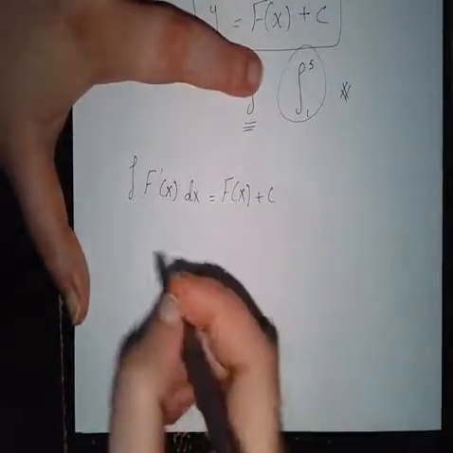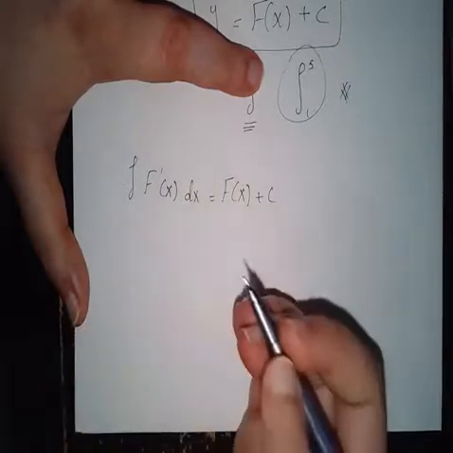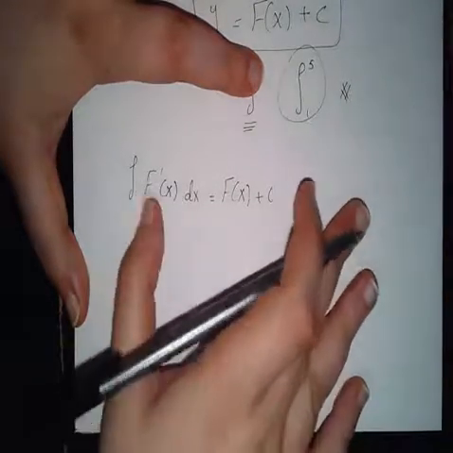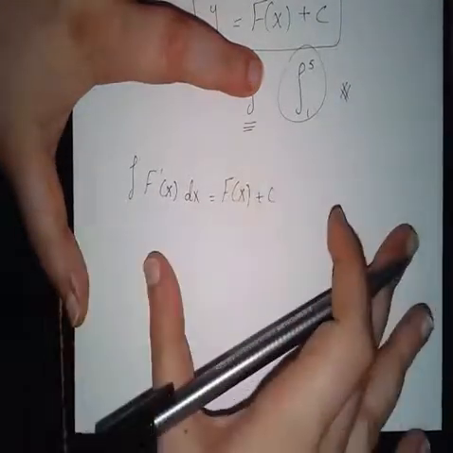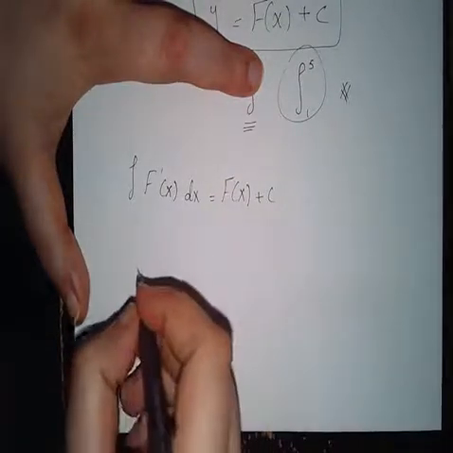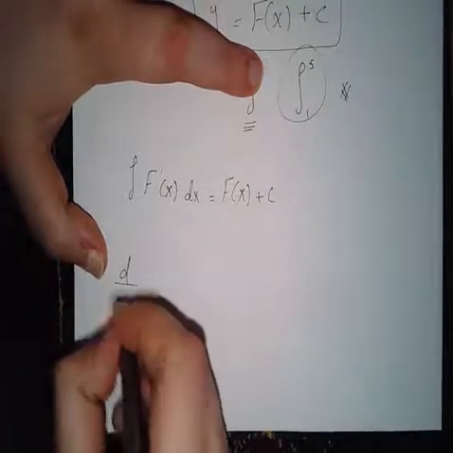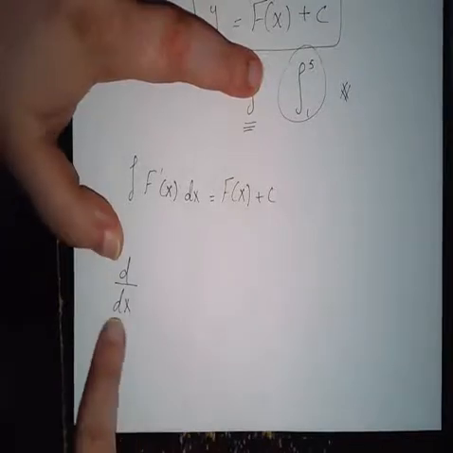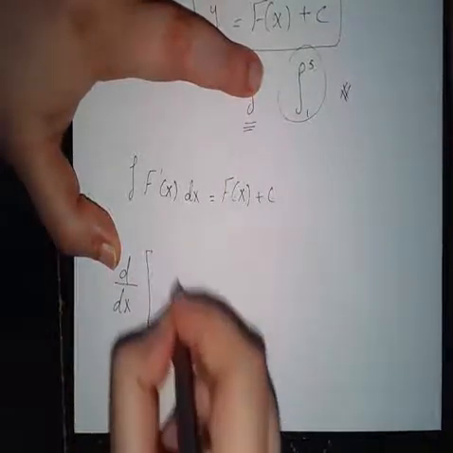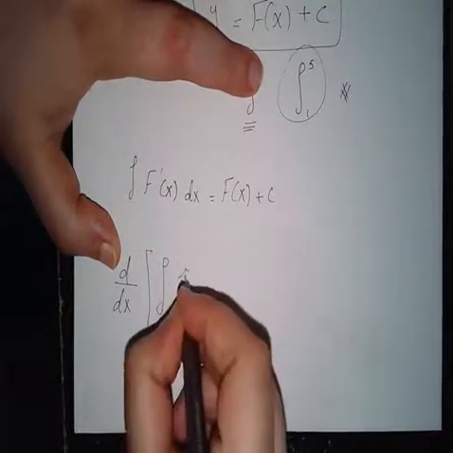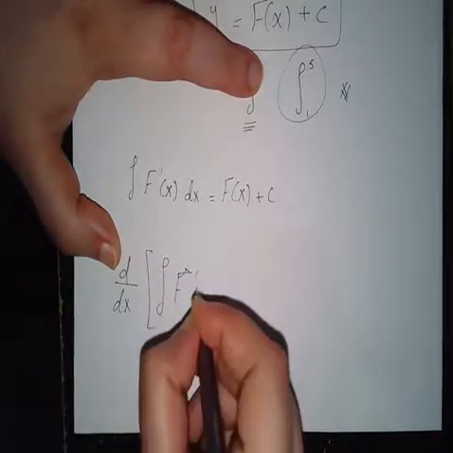So here's another idea. Technically, since an integral is the antiderivative of a function, I guess it would make sense that if we took the derivative of the antiderivative, oops, it's supposed to be capital F, right?